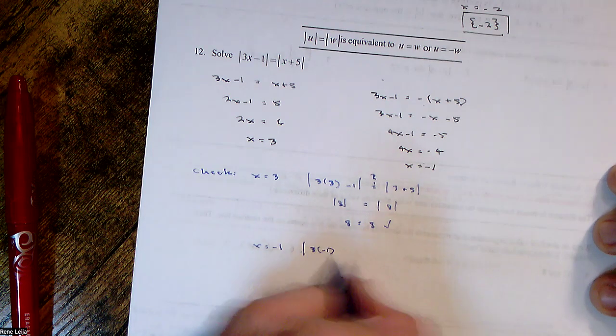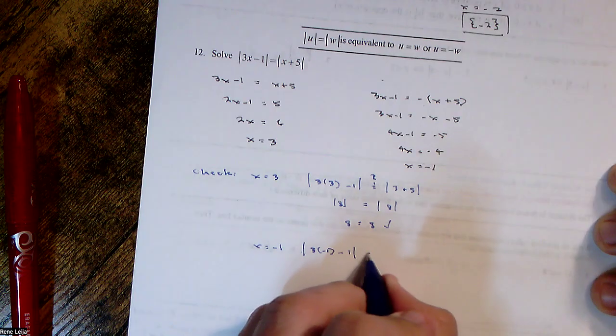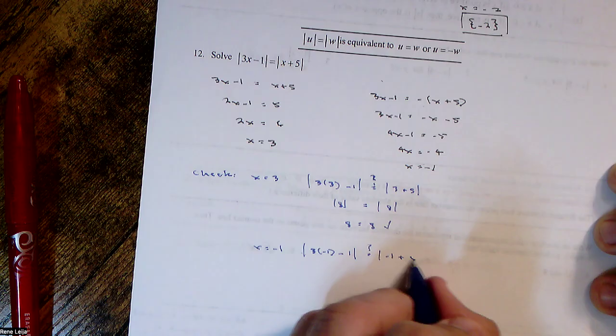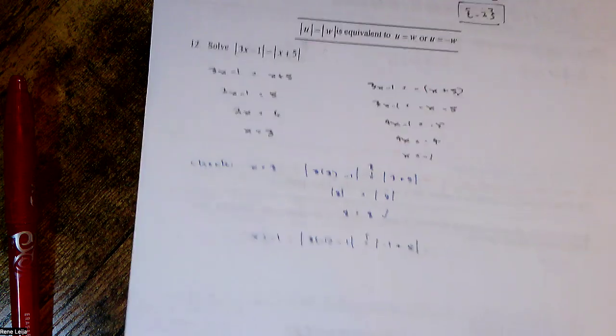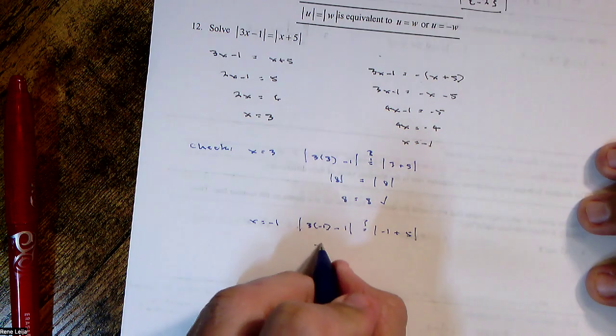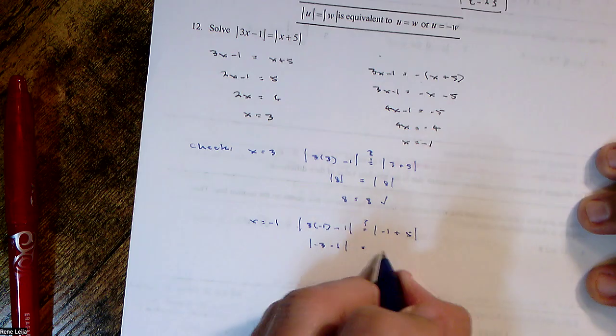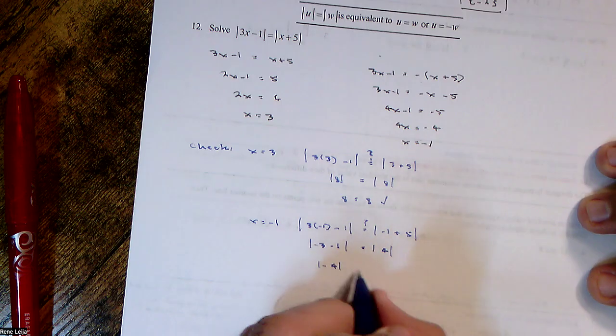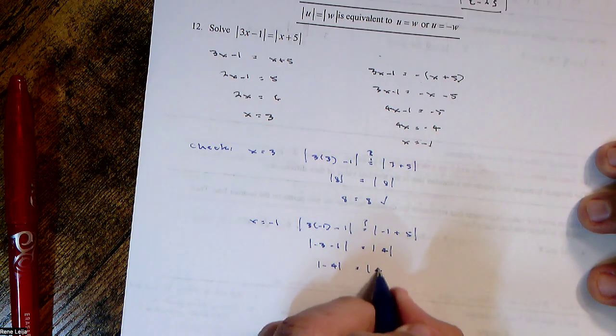Now we're going to check x equals -1. So 3 times -1 minus 1, the absolute value, does this equal the absolute value of -1 plus 5? All right, 3 times -1 is -3 minus 1. It's the absolute value. This is going to give us the absolute value of 4. So this is the absolute value of -4 equals the absolute value of 4.